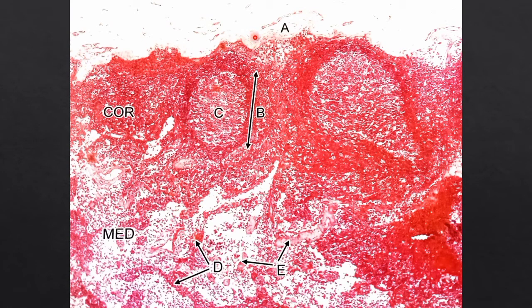Here you can see the capsule, and here is the invagination of the capsule, and these are the lymphoid follicles. These follicles are present in the cortex, and inside it is the medulla, with medullary rays. So this is how we can identify the slide of lymph node.